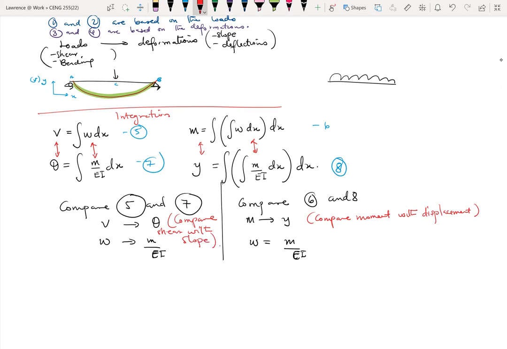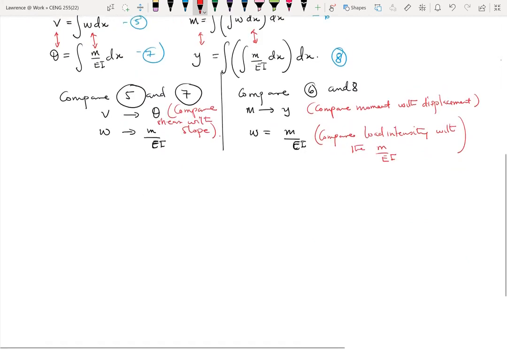Then here we compare the load intensity with the moment, or with the M over EI. So these are comparisons between loadings and then deformation. So let's see how useful these are to us.